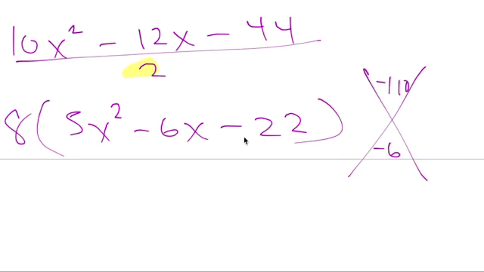10 and 11. Nope. 22. Let me see. I want to make sure I do this right. Yeah.